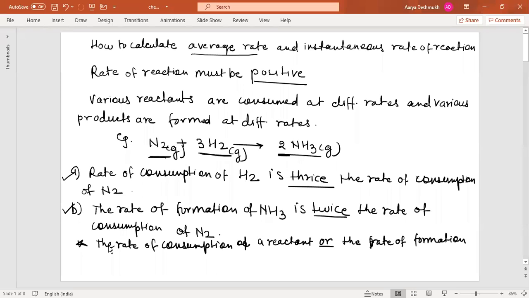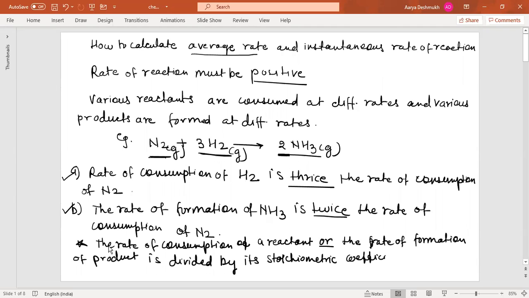Rate of formation of product should be divided by its stoichiometric coefficient in the balanced chemical equation. The reaction should be balanced, of course. So this is important. It is divided by stoichiometric coefficient. So these are the stoichiometric coefficients. Here it is 3, here it is 2, and here it is of course 1.